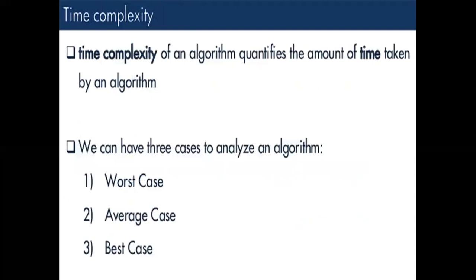Time complexity of an algorithm quantifies the amount of time taken by an algorithm. So how can we know how much time it will take? By counting the executable steps, how many steps it will take to execute that particular algorithm. This is categorized into three cases: worst case, average case and best case.